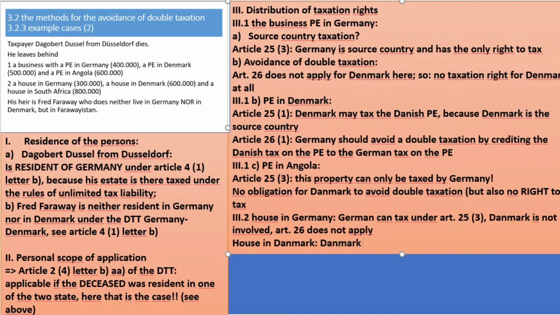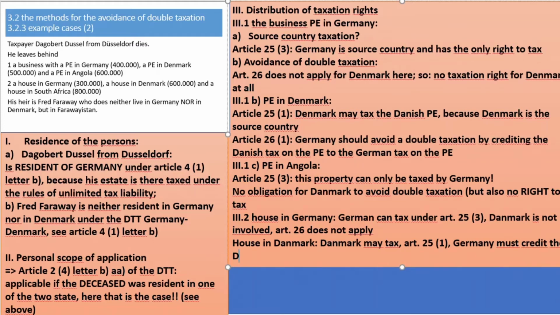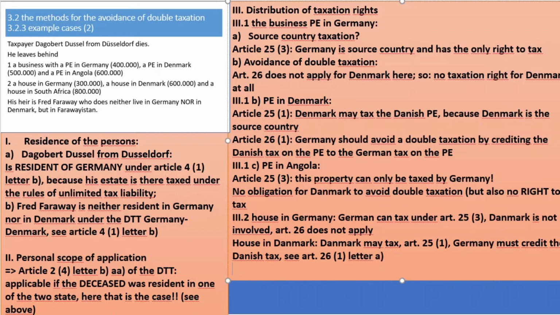Denmark may tax under Article 25.1, and Germany must credit the Danish tax. That was Article 26.1, Germany, if the deceased lived in Germany, so letter A. And then we have the house in South Africa.